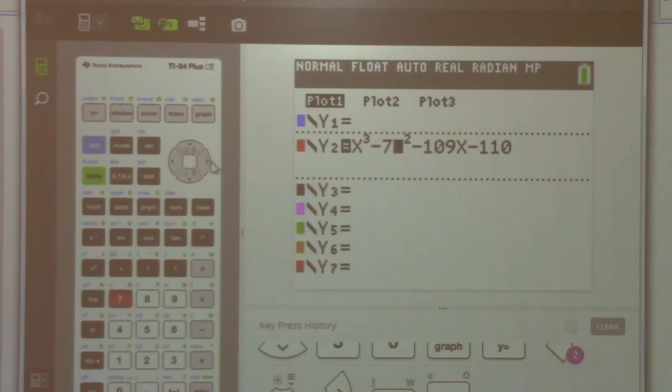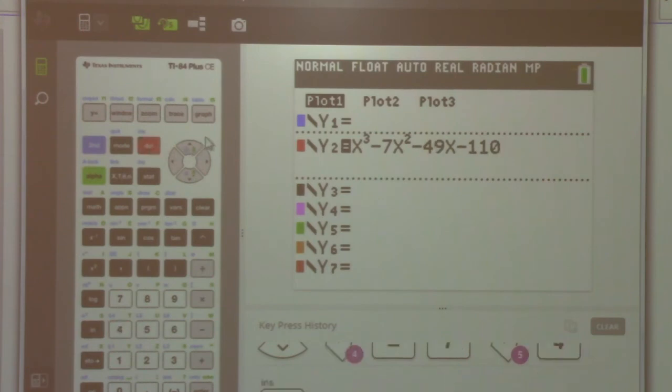So x squared, it's going to be minus 49x plus 540. So it looks something like this.